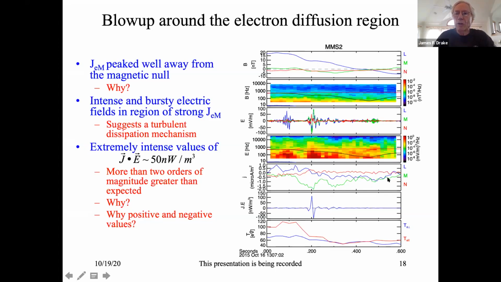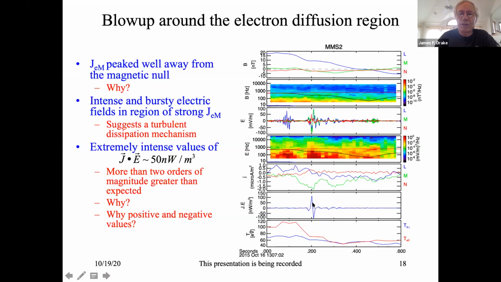And you look at the current. This is the out-of-plane current, which describes the reconnection-driven current, and you notice it's not at the X line at all. For years, we were looking for these intense currents at the X line, but that's not where they are. They're over here. And you look at the dissipation. It is not at the X line. It is over here.